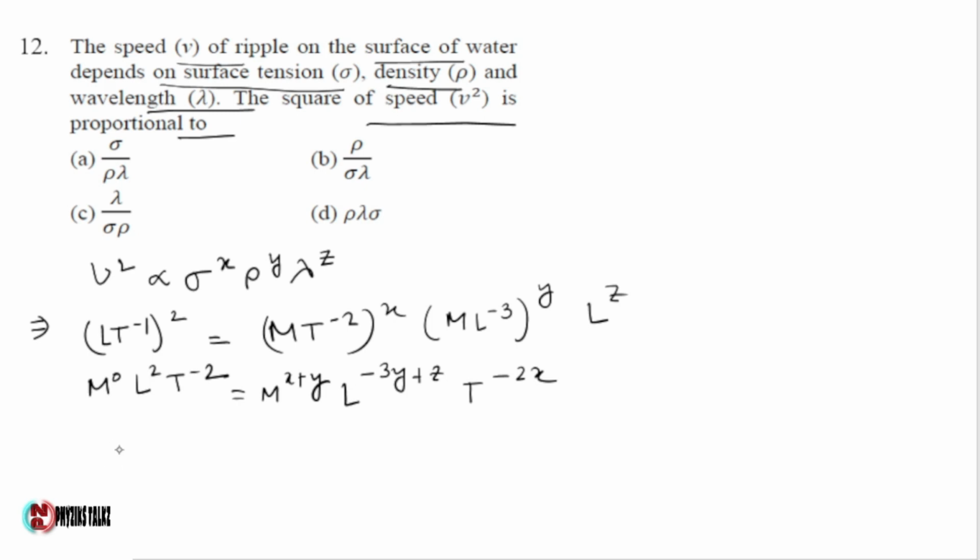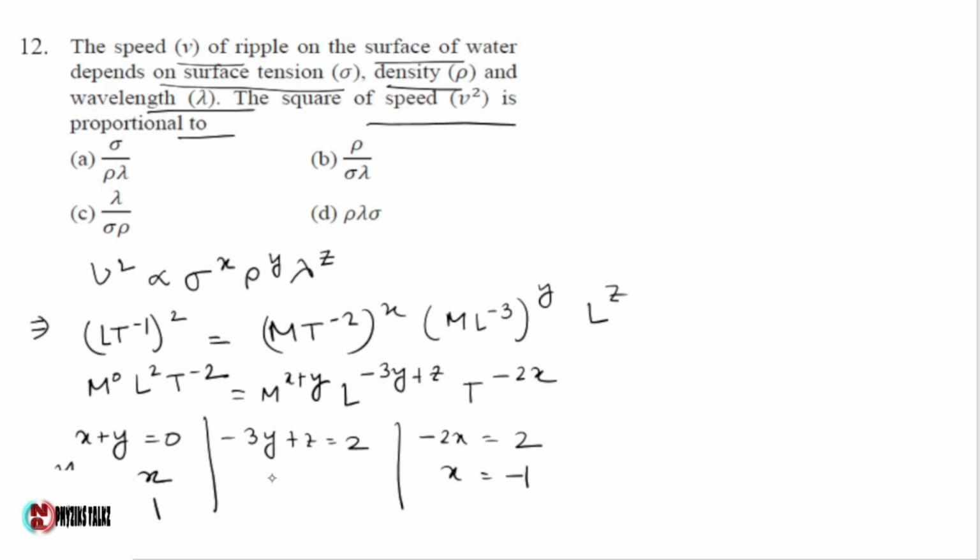Now comparing the powers of the dimensions, we have x plus y equals 0, minus 3y plus z equals 2, and minus 2x equals minus 2.